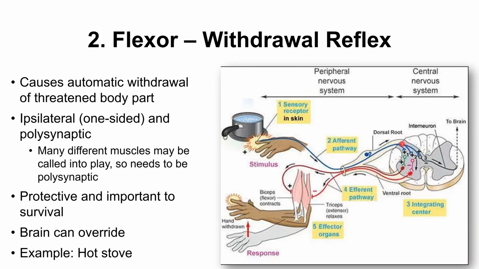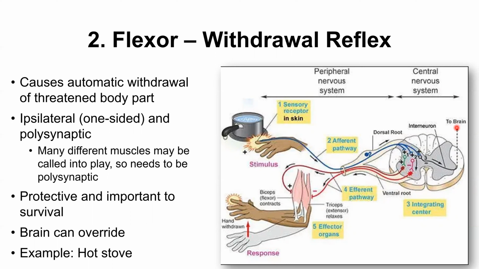Also, there's one more synapse that I'm going to talk about, and this is going to be a synapse that's occurring to this black interneuron over here. And this is going to be a stimulatory signal as well that synapses onto this interneuron, which crosses over and is sent up to the brain.